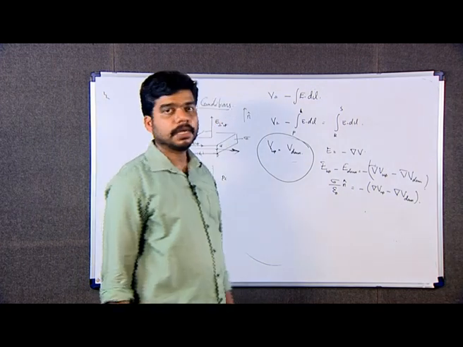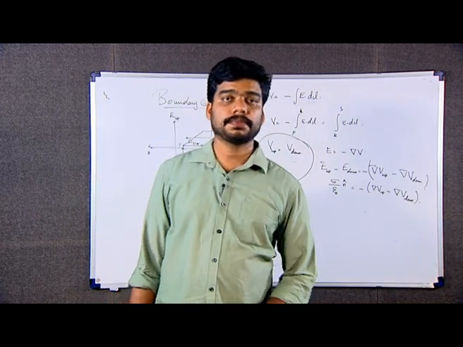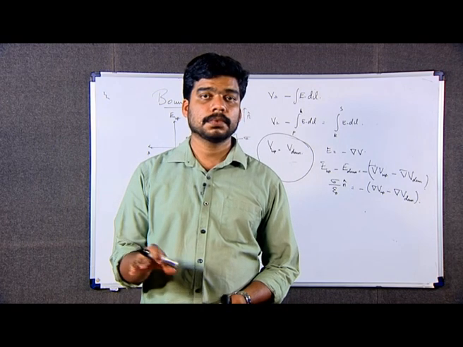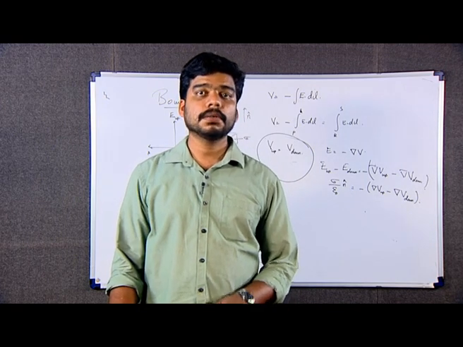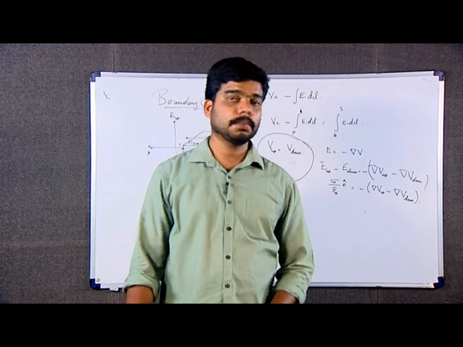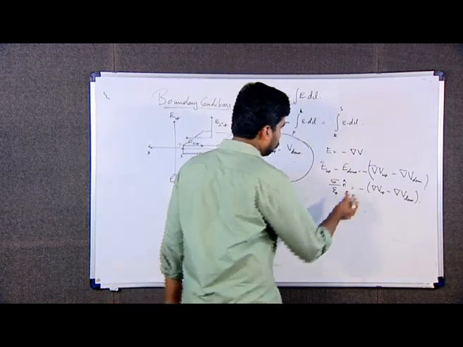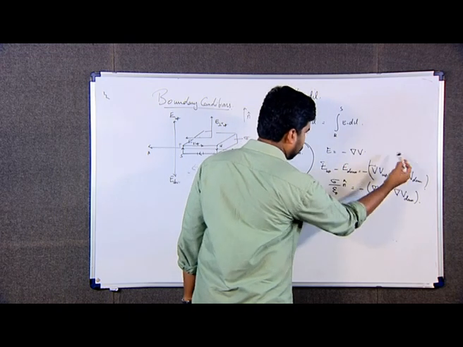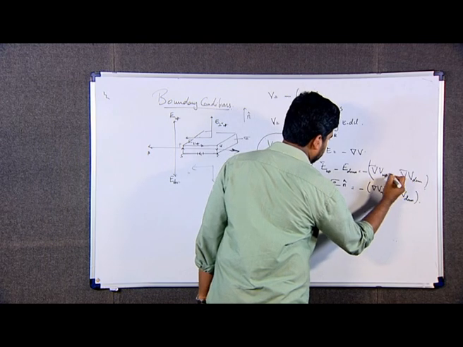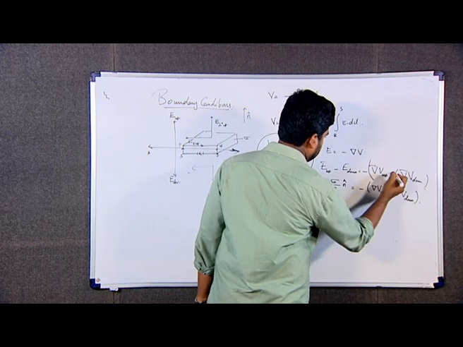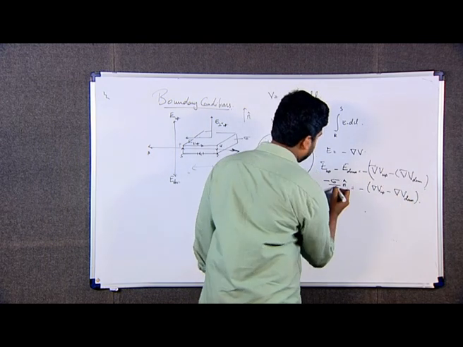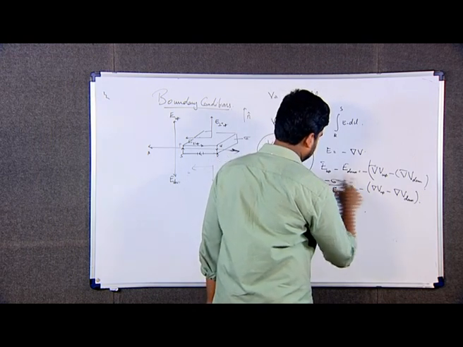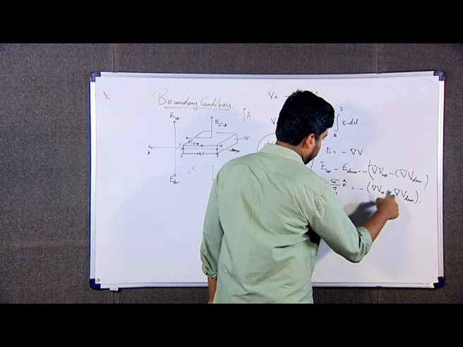Del V up minus del V down. This is the boundary condition for the gradient of the potential. So, the gradient of V is equal to minus del V, and there will be an extra minus sign, which is equal to minus sigma by epsilon 0 into n cap, which is equal to minus of del V up minus del V down.